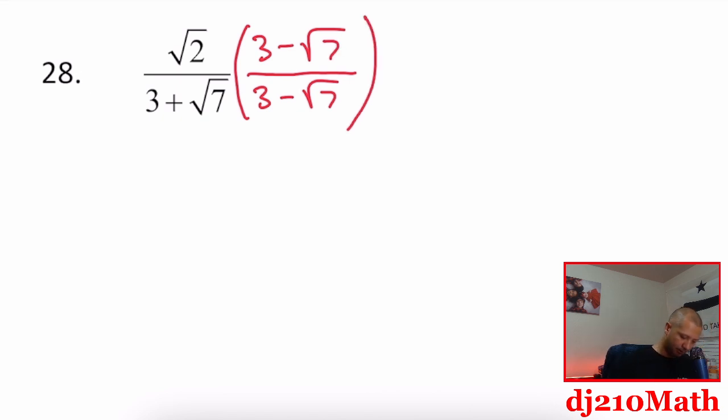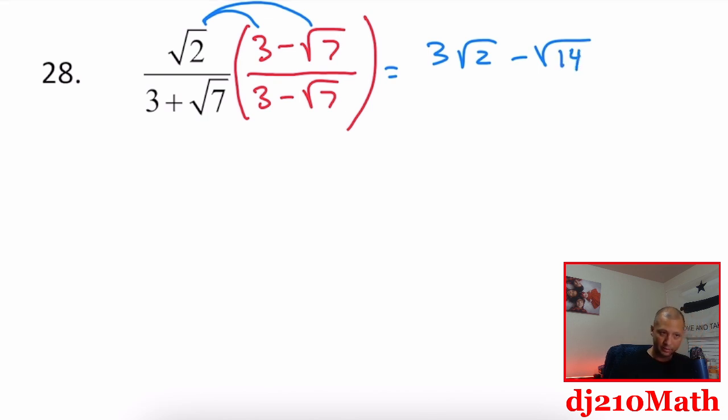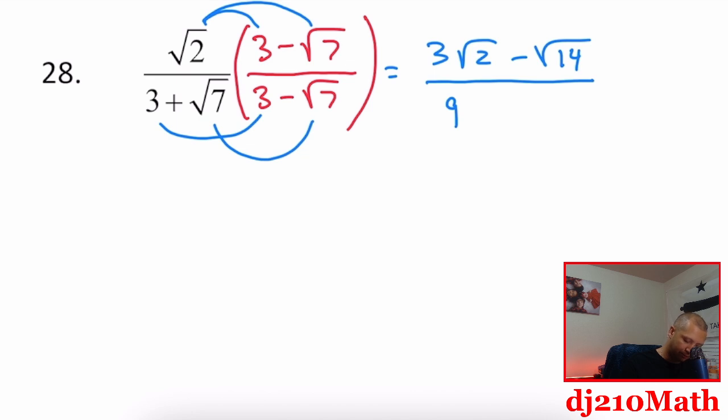Okay, top. This is going to be 3 root 2, minus root 14. On the bottom, 3 times 3 is 9, minus 7, because root 7 times root 7 is 7.